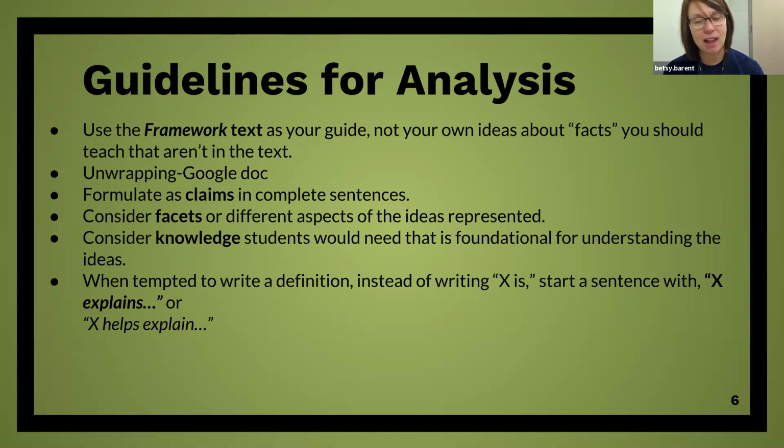We're going to consider facets of knowledge or different aspects of ideas that are in that standard that need to be represented. And we're also going to consider prior knowledge students would have to have coming in to figuring out that phenomenon. We're going to really try hard to not write definitions. Remember, we want to be thinking about concepts.